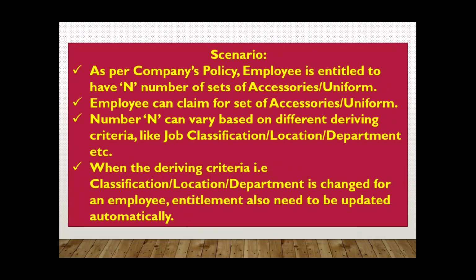Or in other industries like oil and gas, coal workers are also entitled to have uniforms. Since the company is providing a set of uniforms or other accessories to the employees, they cannot provide them in an unlimited way, right? So every employee is entitled to have a set of accessories or uniforms. Today our discussion is based on that scenario only.